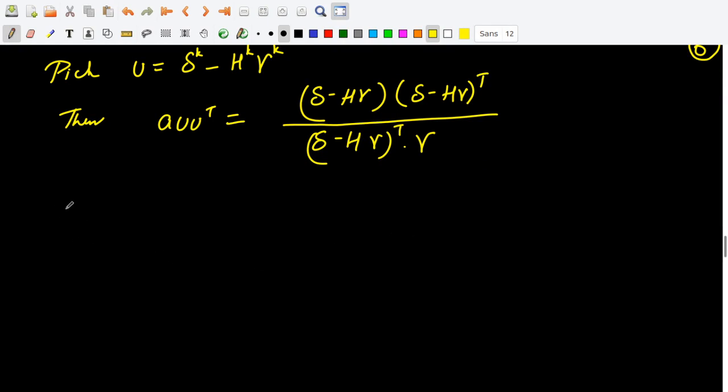So then the method becomes hk plus 1 is equal to hk plus this term. Okay, and this term is not that difficult to compute, because in every iteration we are anyway computing h. So these are all previous iterates of delta, h and gamma.